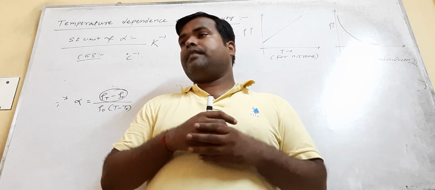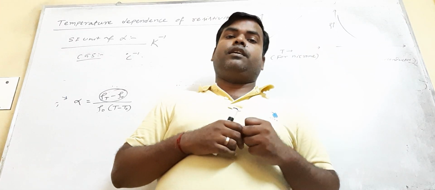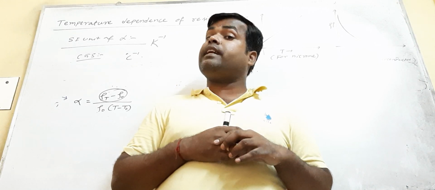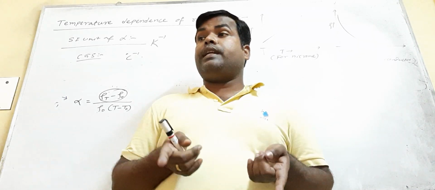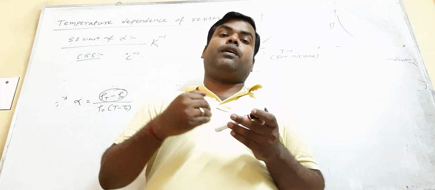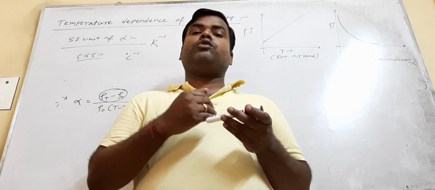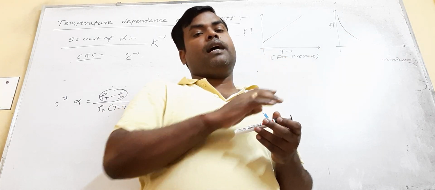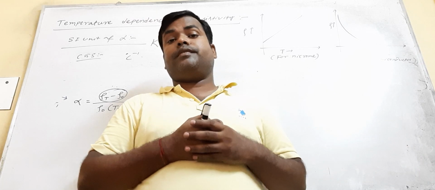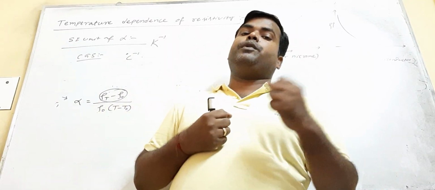Similarly, a conductor consists of a large number of free electrons. When you apply potential difference, the electrons go from lower potential to higher potential. While going, they get a number of collisions, and due to collisions, they get opposition.